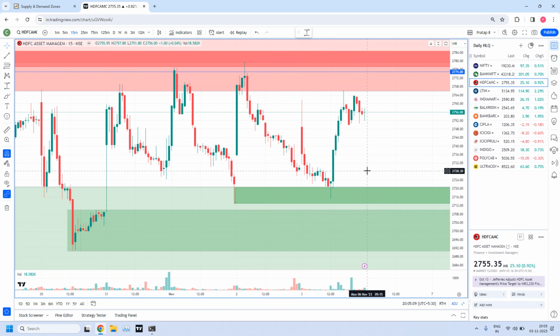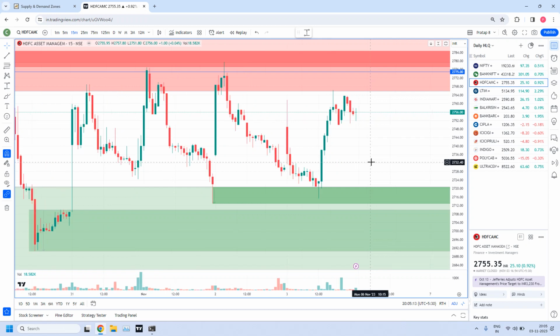So let us get into our discussion. This is about HDFC Asset Management. The return it has given is 13,560, which is 8.27% return on the investment. As per me, it is a successful trade, but as per you, you did not get the entry because you always look into a fresh 75 minutes zone inside the high liquidity zone.